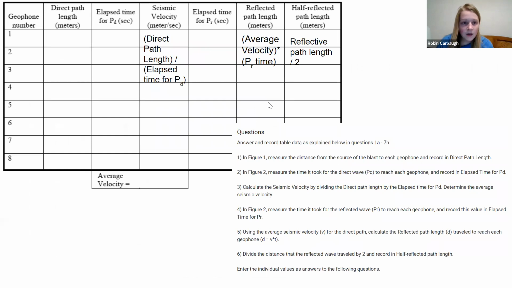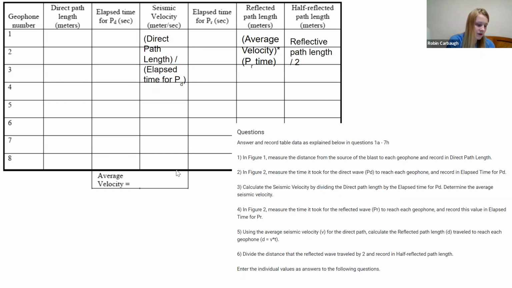Okay. Next we can find the seismic velocity because we have a distance and a time. We can just divide that direct path by that elapsed time and we'll get velocity. We can do that for all 8, and then we can find the average velocity from those 8 velocities.